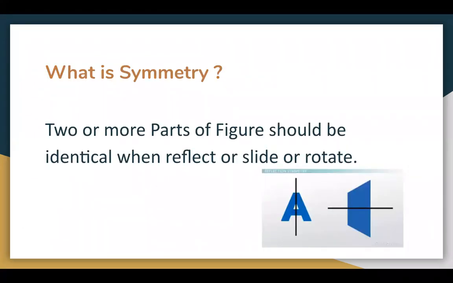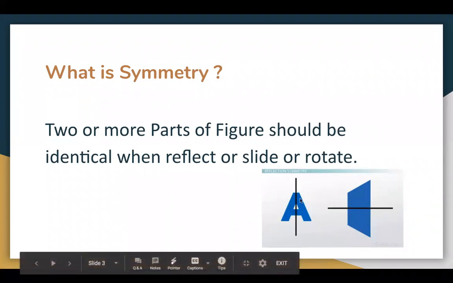What is symmetry? I believe you all have seen it and know it, but to describe it, I'm not sure. So what is symmetry? Two or more parts of a figure could be identical when reflected, slid, or rotated.